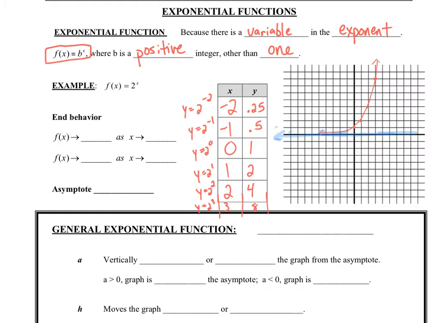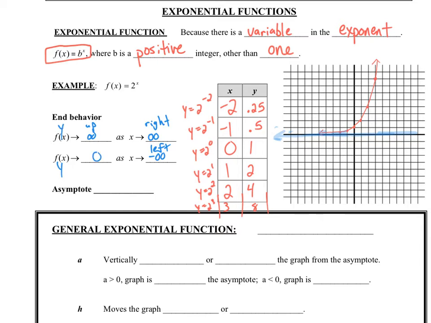The end behavior, which we kind of talked about earlier this year, just means where is the graph going. As the graph goes to the right, it goes up. And as the graph goes to the left, which would be -infinity, f of x, which is also just y, approaches 0.